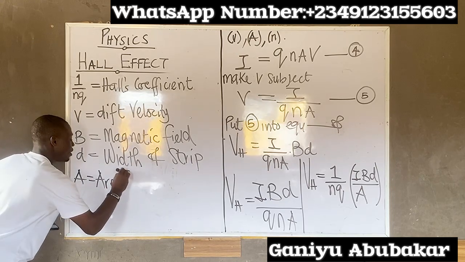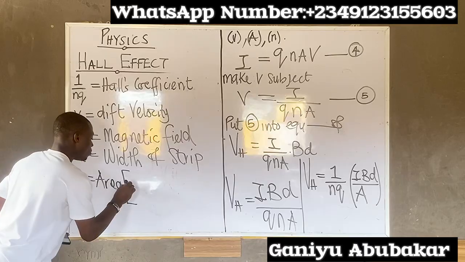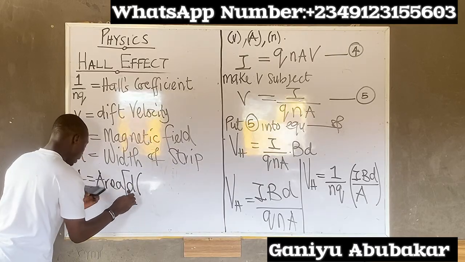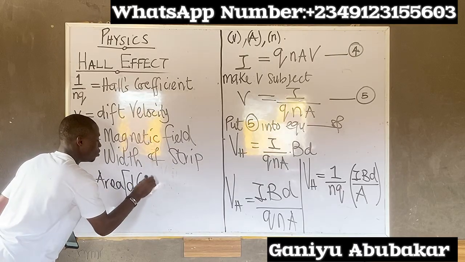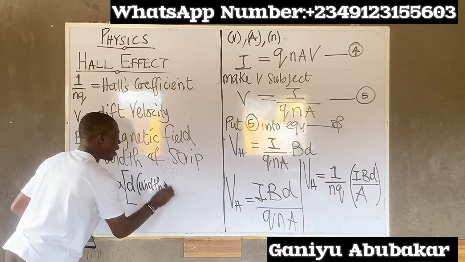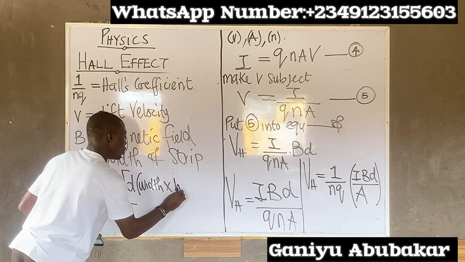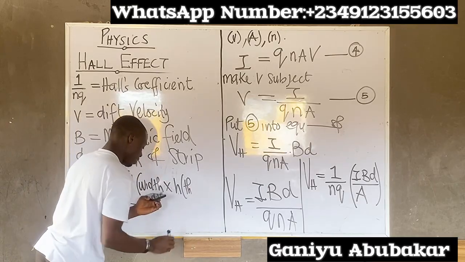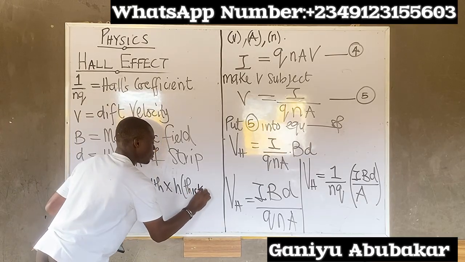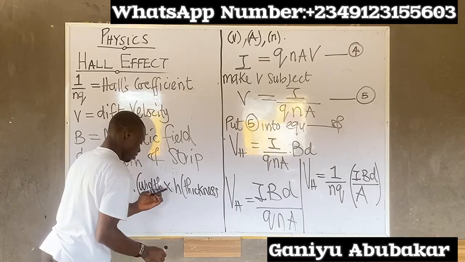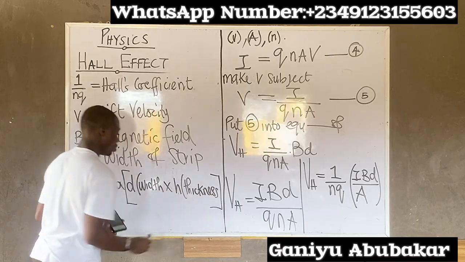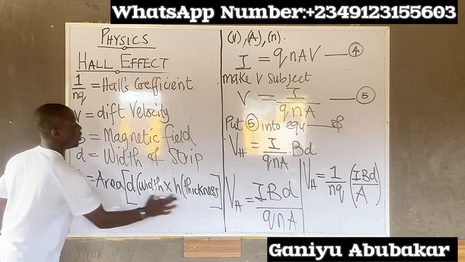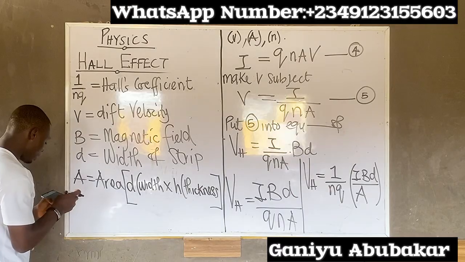I can get area by multiplying the depth or the width by the thickness. That's H, the thickness. So I can get area by multiplying D and H together, as easy as that.